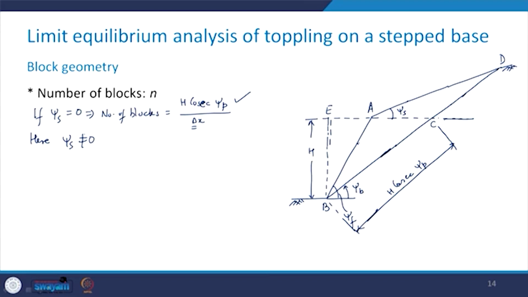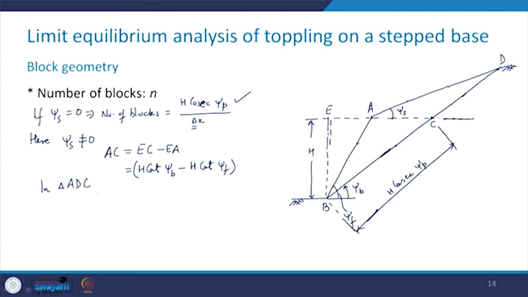So, what we are going to get is AC will be equal to EC minus EA, and this is going to be H cot psi b minus H cot psi f. Now, you consider the triangle ADC, this triangle.